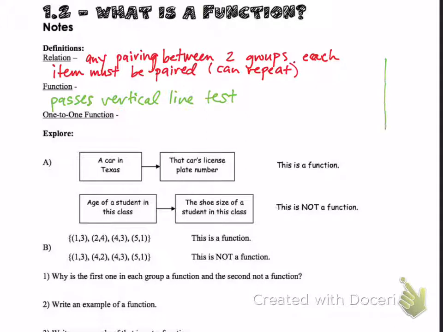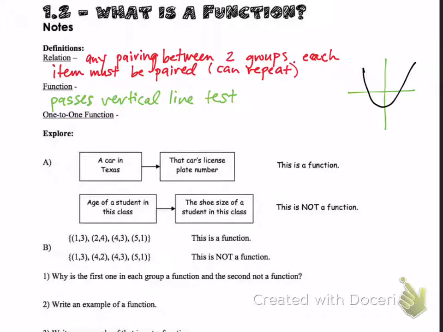So if I have a function that looks like this, would this be a function? Like if I took my pencil and I scanned from left to right, does it ever overlap my pencil more than once?